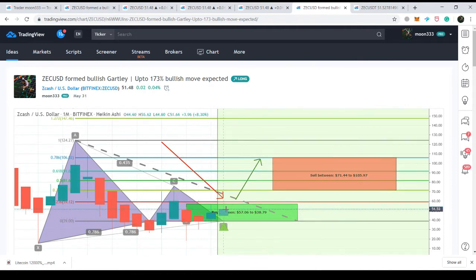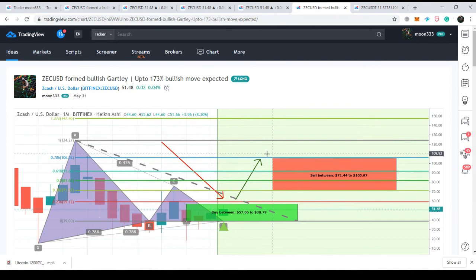So if this bullish sequence will be continued, then we will soon watch a very strong bullish rally, and the price action will enter in this Fibonacci projection of A to D leg, and as per Fibonacci projection of this bullish garlic pattern, the price action is supposed to enter in this area, and this is from 0.382 to 0.786 Fibonacci level.